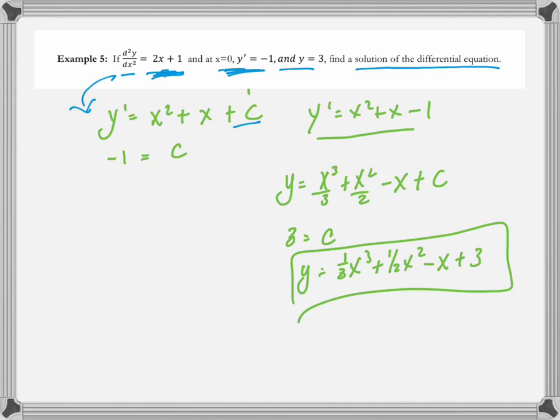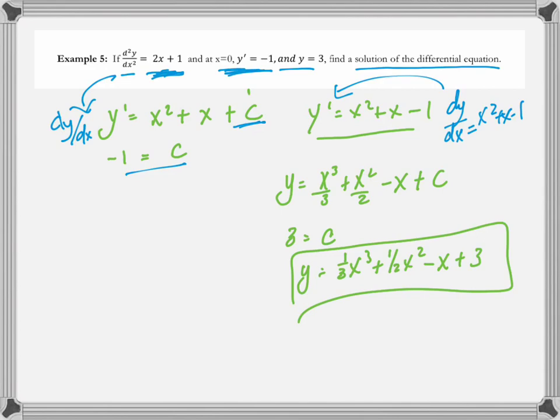So if you take the antiderivative of the second derivative, you get y prime, or you could write it as dy/dx equals x squared plus x plus c. And they say at x equals 0, y prime is negative 1. So putting 0 in, you would get c is negative 1. So dy/dx is equal to x squared plus x minus 1, or y prime if you want to go that way.